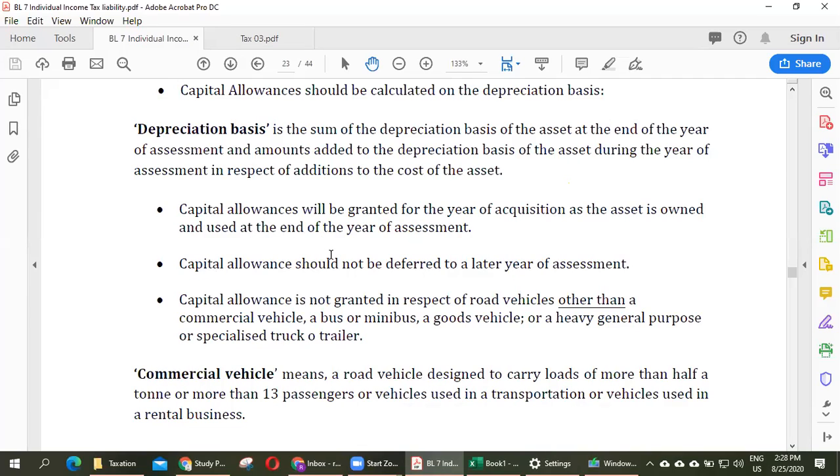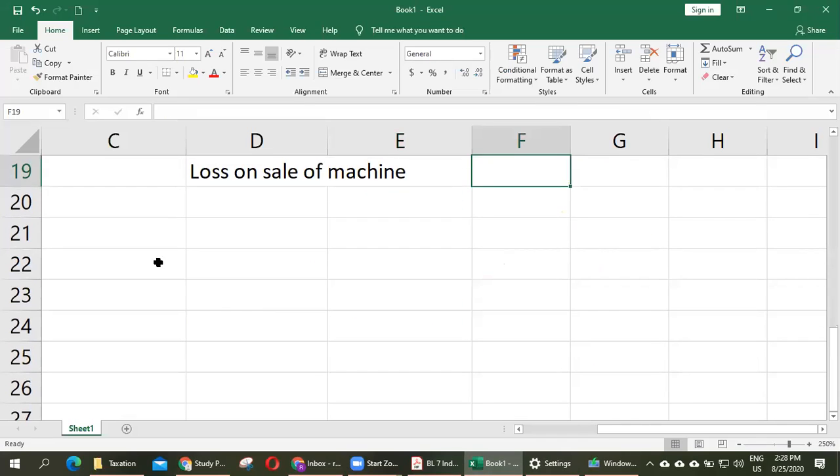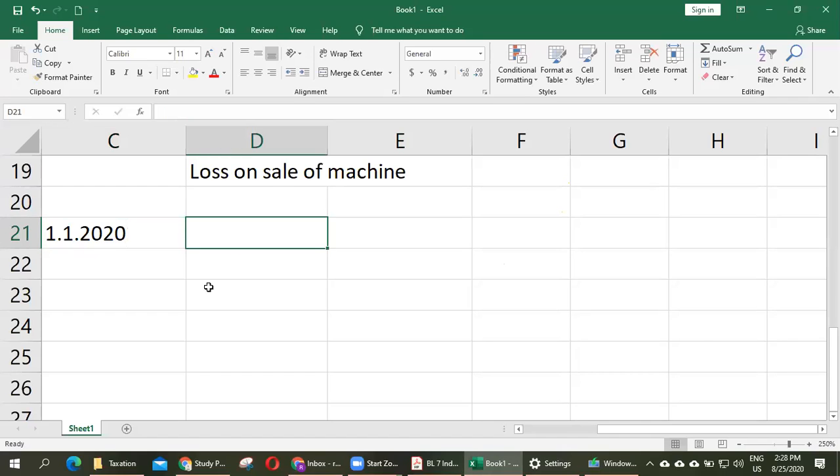In accounting, normally, say an asset is purchased, with the accounting period starting on 1st of January 2020 to 31st December 2020.